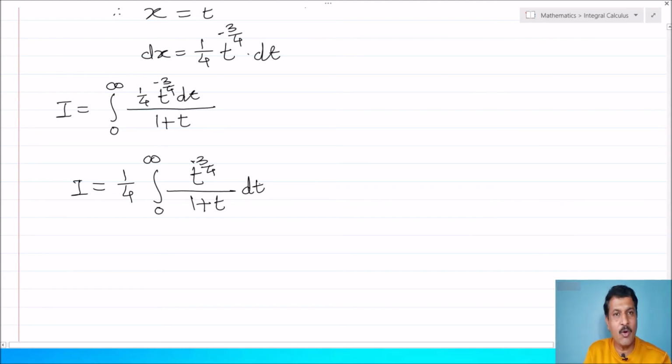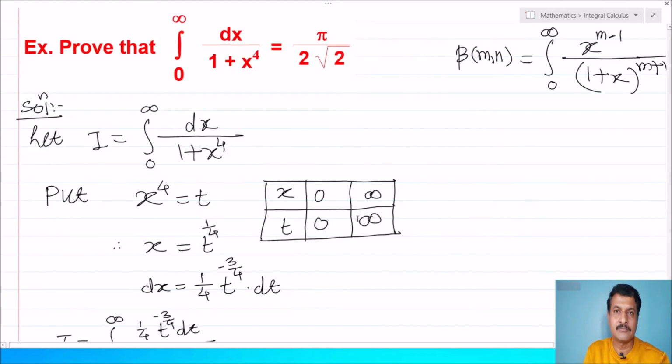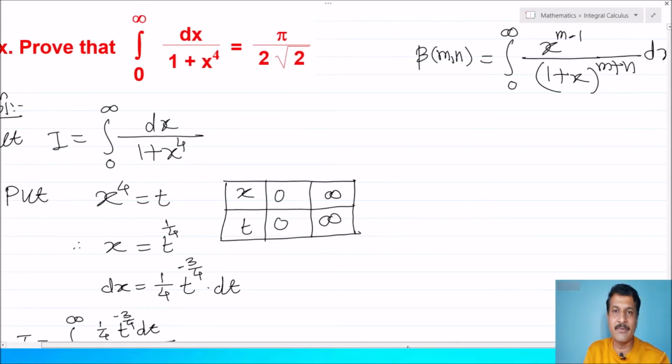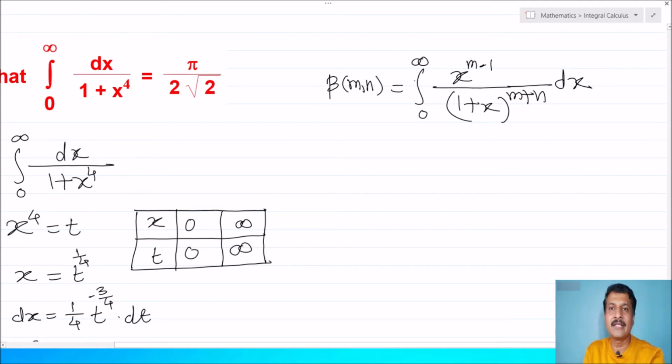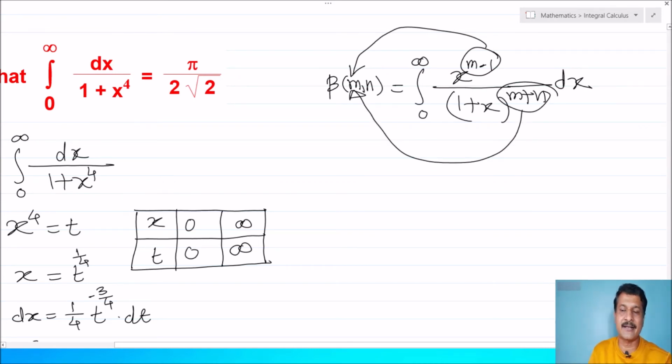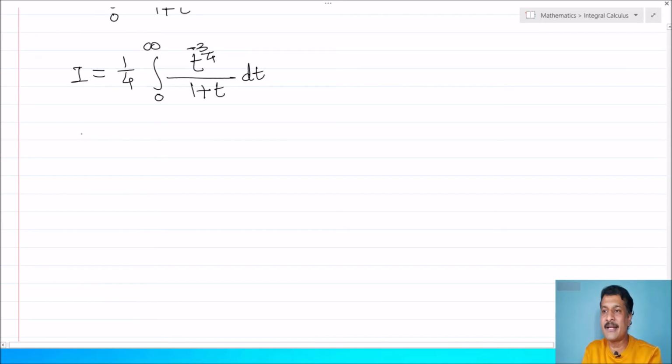You can observe here it is a beta, but how to write it? By the definition of the beta function, this power plus 1 gives the first number, and the second number is this power minus the first number. So I equals 1 by 4 beta of this power plus 1, which is 1 by 4, and what is the power of this?